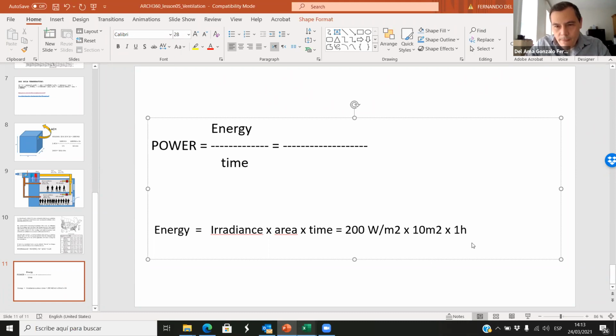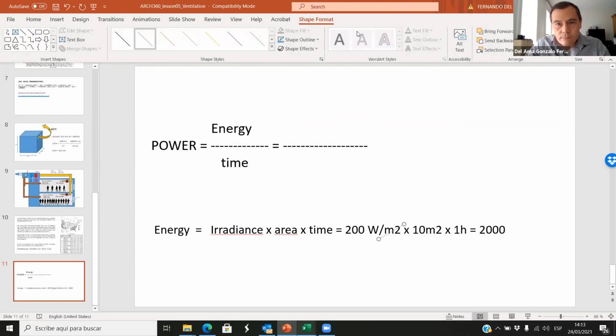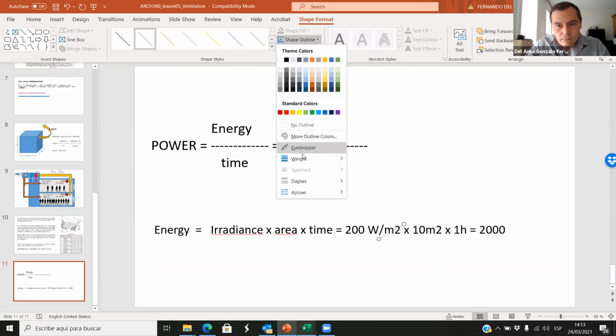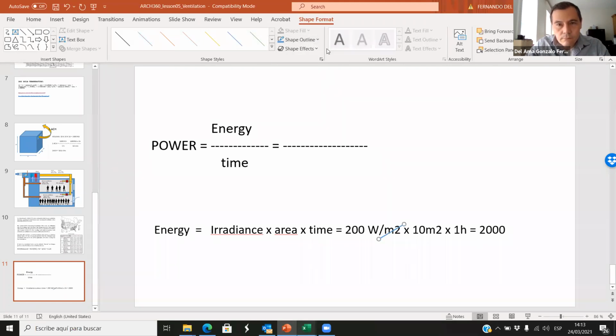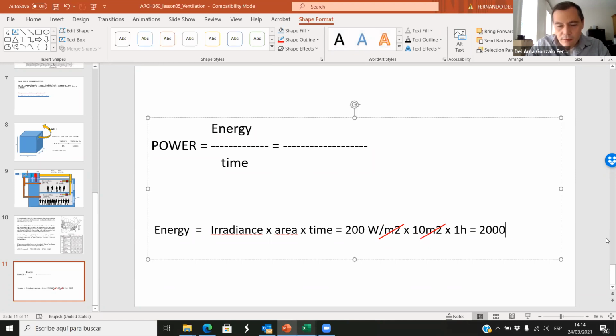Okay, so we calculate this, and this is 2,000 units. We can cancel square meters and square meters. Okay, so this is watts times hour. So the units here are watts hour.